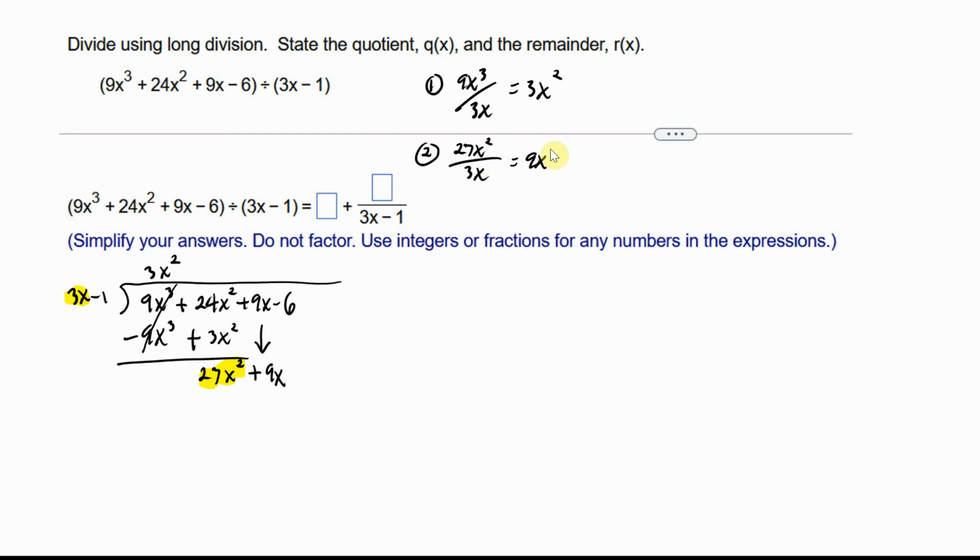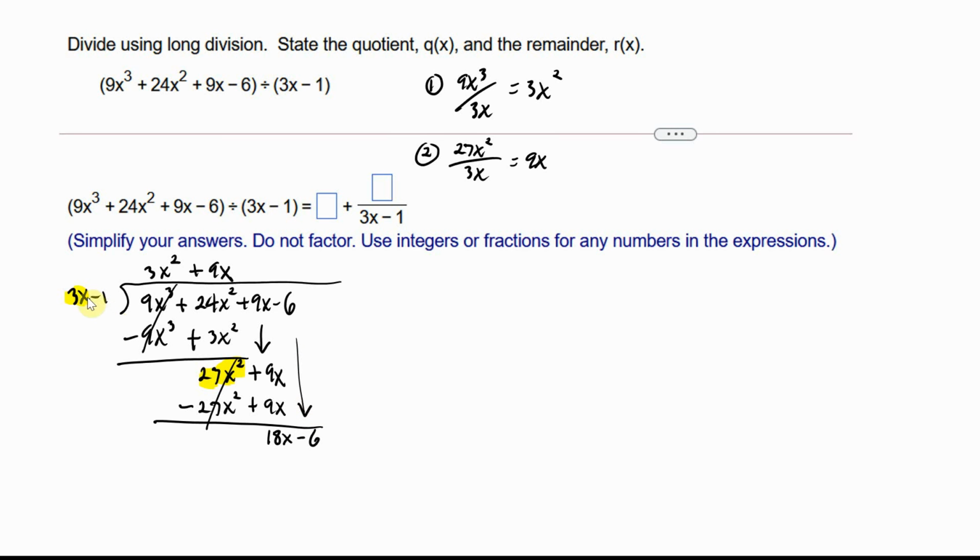So this is 9x, and it's plus, so we say plus 9x up top. So 9x times 3x is 27x squared. 9x times minus 1 is minus 9x. Draw a line, subtract. This becomes negative, that becomes plus. These guys cancel out. Here we add, we get 18x, bring down the minus 6.